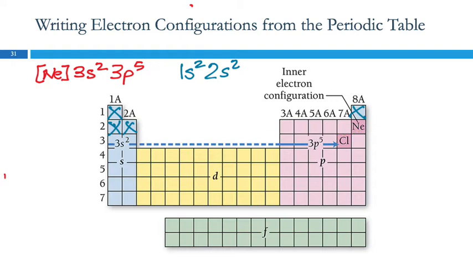And then over here, this is P. P is 1, 2, 3, 4, 5, 6. 2p, 6. And then here, 3s, 2. 1, 2, 3, 4, 5. 3p, 5. So you can read the electron configurations off the periodic table. A lot less remembering. S, P, D, and F, and you can tell where these blocks are because they stick up. Right?